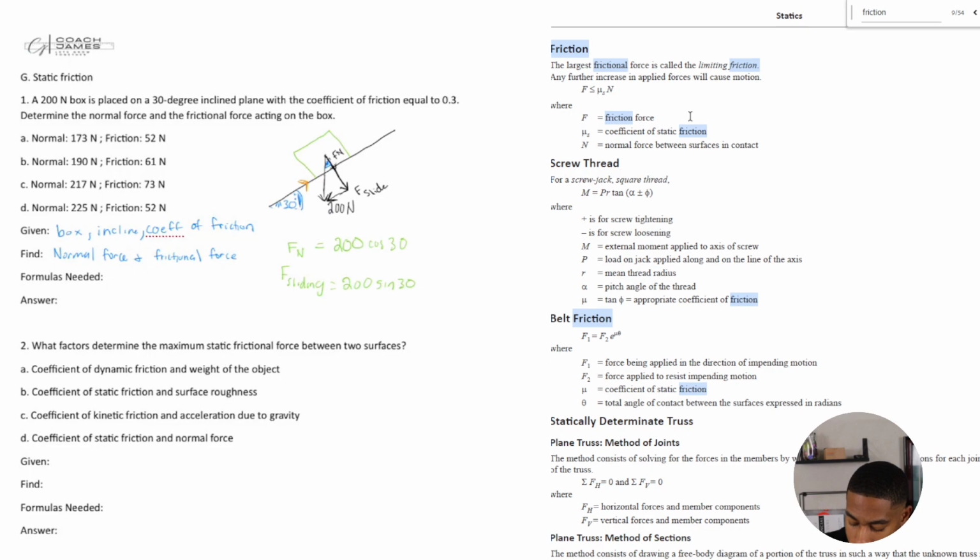We just need the normal force. So for my normal force, that equals 173.21 newtons.